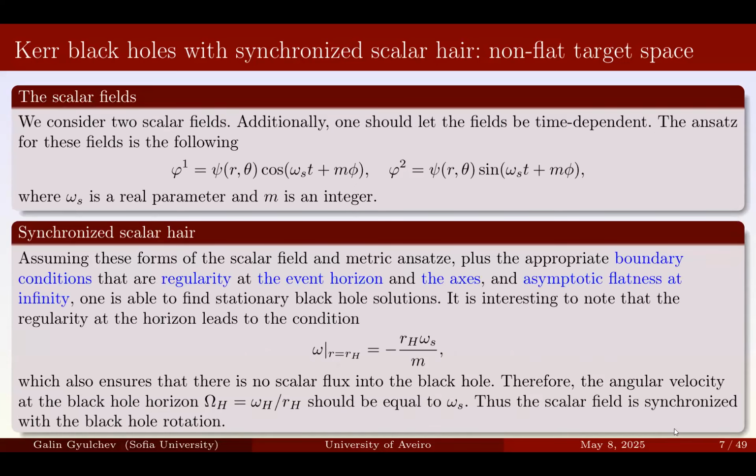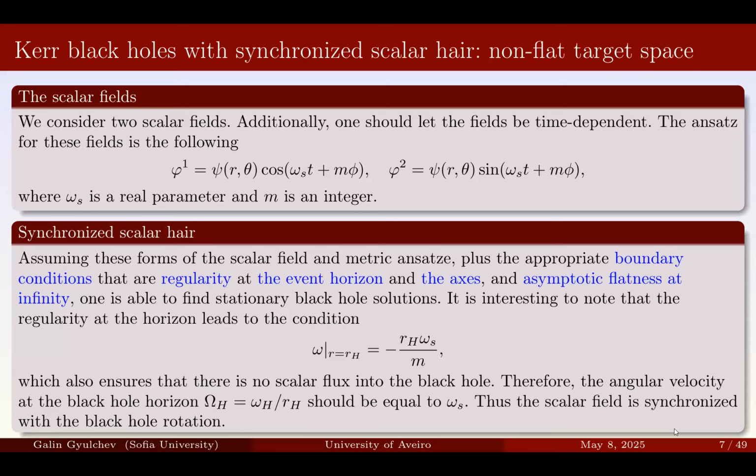So after that, we have to restrict again our attention, fixing some of the parameters of this scalar field. The major thing is that we assume that this field has an oscillation frequency omega s, which in our case will be equal exactly to the angular velocity of the black hole horizon.